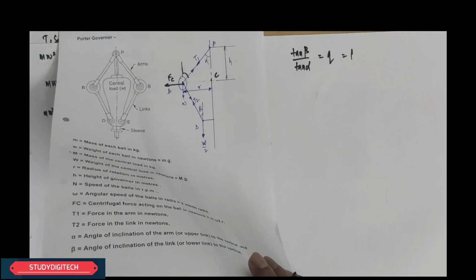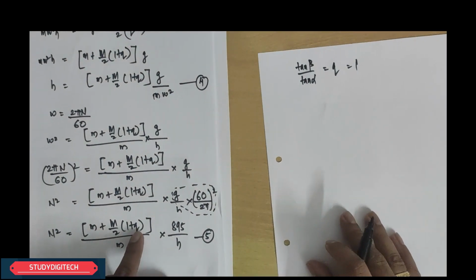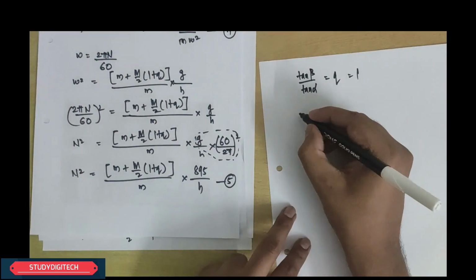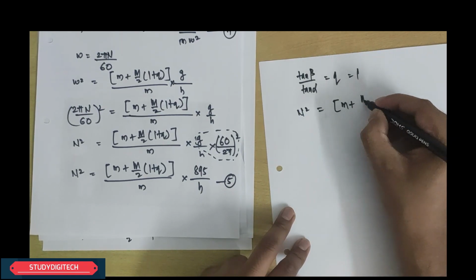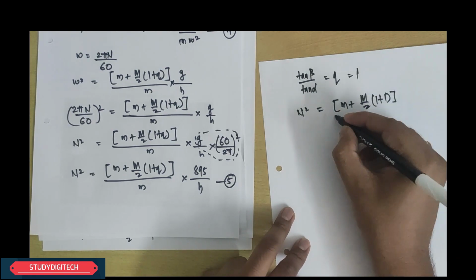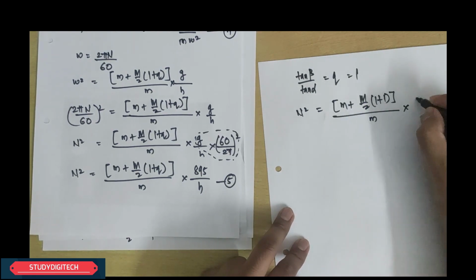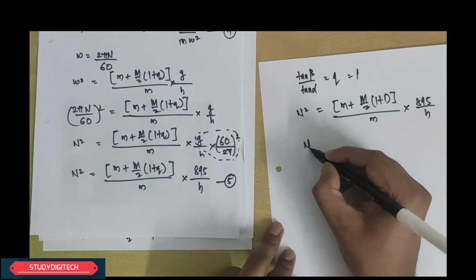In this equation for finding speed, if you substitute the value of q as 1, n square is equal to (m plus capital M) divided by 2 into bracket (1 plus q), with q equal to 1, divided by m into 895 divided by h. So 1 plus 1 is 2, and the 2 gets cancelled.